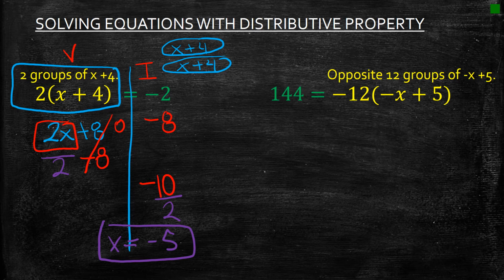Okay, and that one's pretty easy because you can draw the pictures, but if you compare that one to the next one, this one is read as opposite 12 groups of negative x plus 5. The first one, you only had 2 groups. Well, this time we have 12 of them. So we want to make sure that we don't sit here and keep drawing all those 12 circles.